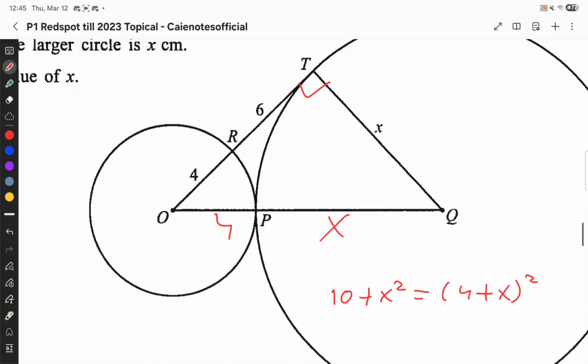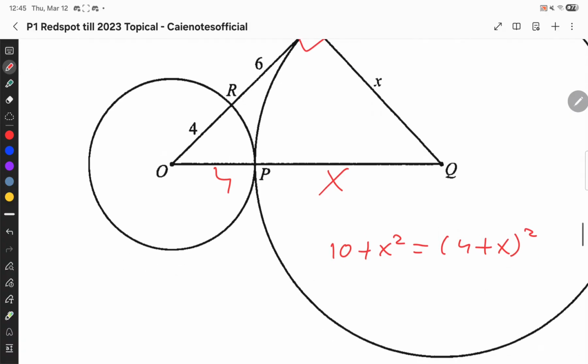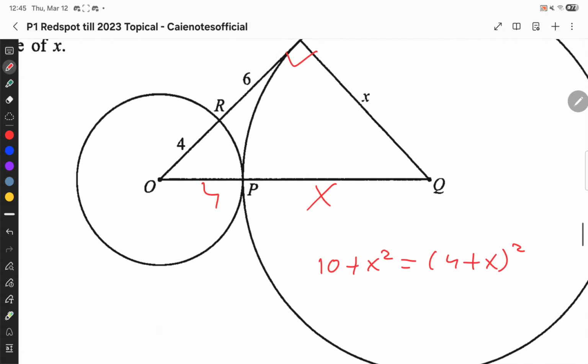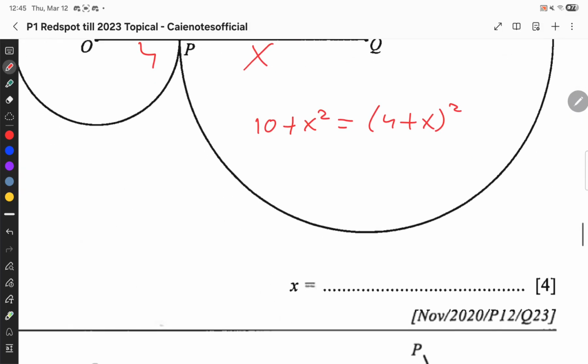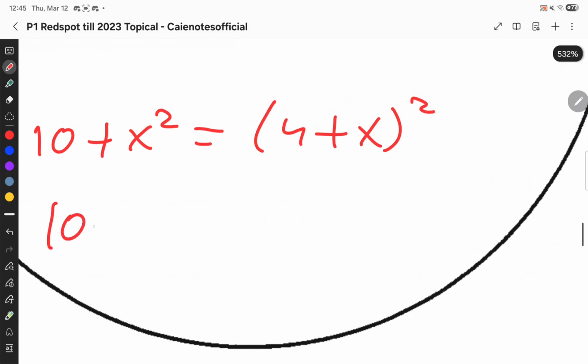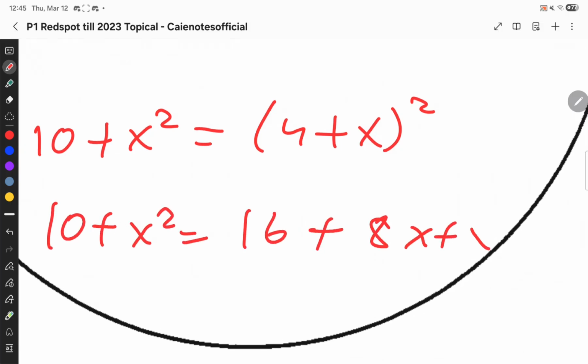I will tell you this is 10. No, I cannot guarantee it. So this is 10 plus this leg equals this other leg. So this is 10 plus x squared equals 16 plus 8x plus x squared.